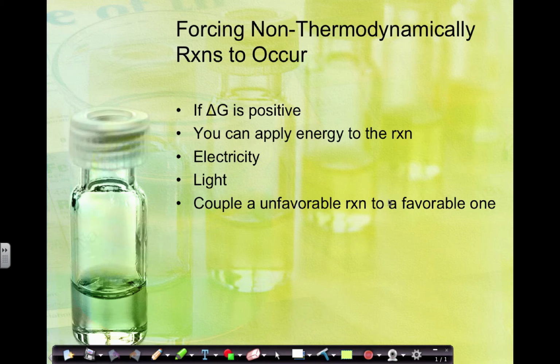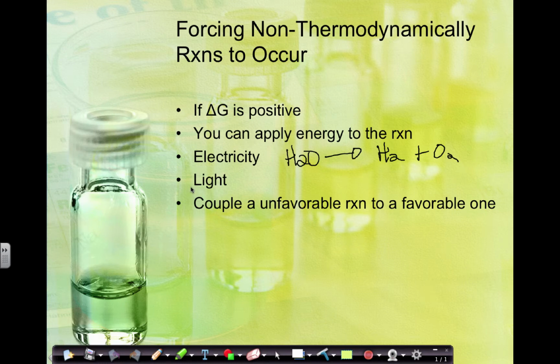All right, so sometimes we have reactions that are actually non-spontaneous. Well, how do we get those reactions to actually happen? Well, if delta G is positive and it's non-spontaneous, you can apply energy to the reaction. You can do this a couple different ways. You can apply electricity. So like if I take water and I'm trying to split it, this is definitely not a favorable reaction. I could add electricity to the water and actually split it into the H2 and O2.